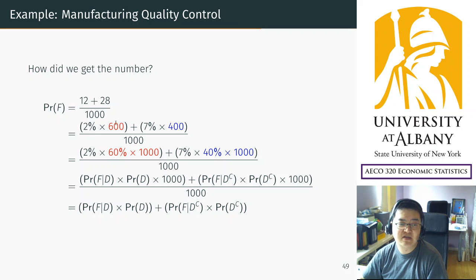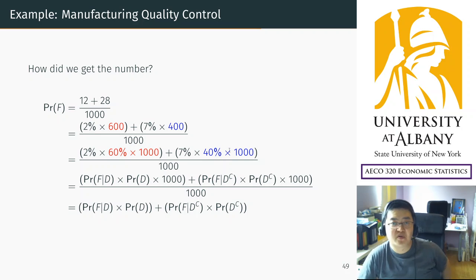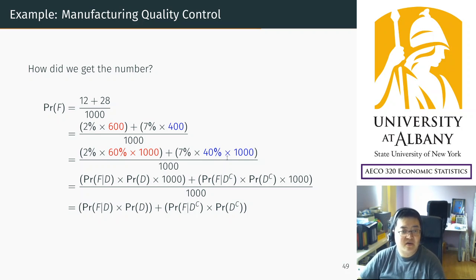So 600 is the result of 60% of 1,000. Similarly, 400 is the result of the probability of imported batteries times the total number of batteries we assumed, right? So then we have 2%, 60%, 1,000, 7%, 40%, 1,000. We know all these numbers but 1,000.